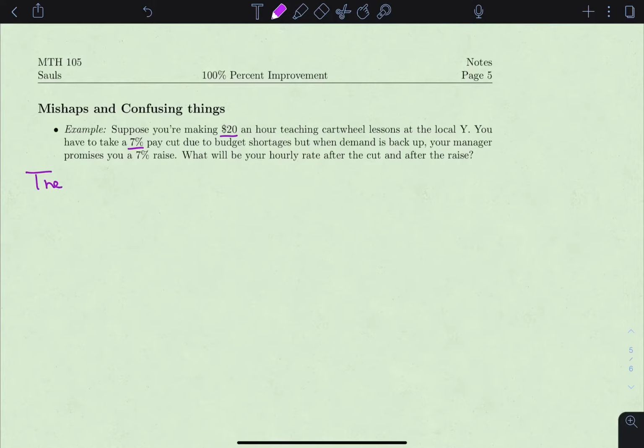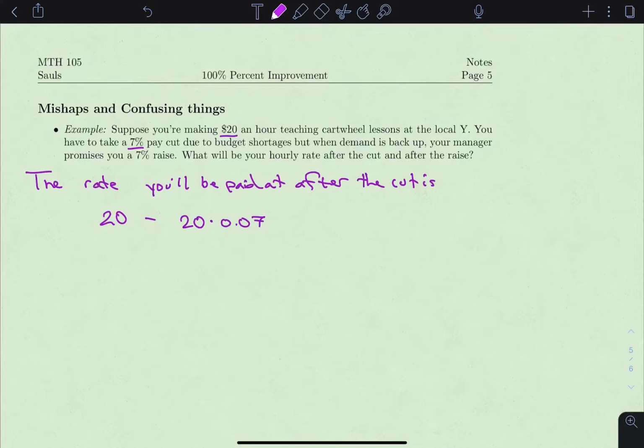The rate you'll be paid at after the cut is $20 minus $20 times 0.07. I don't need the parentheses here in terms of order of operations, but it will help us kind of see it.